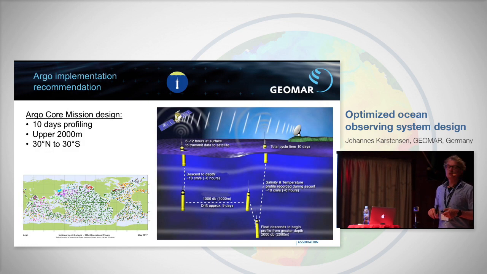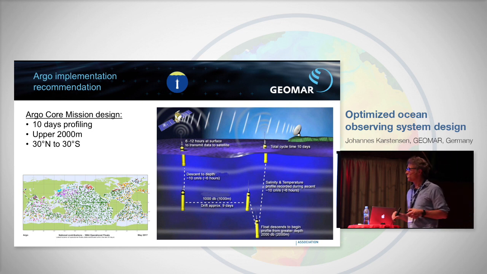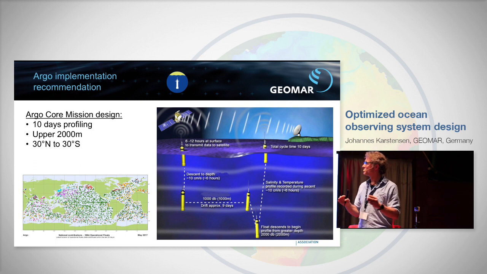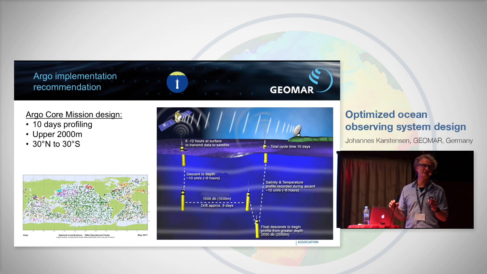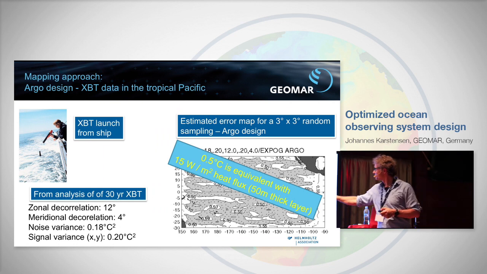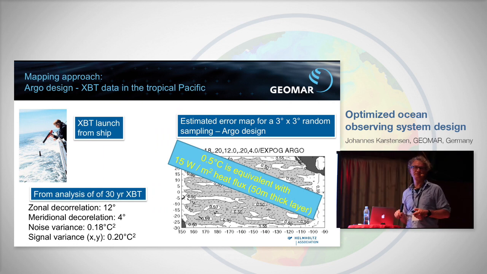The consequence of that was to ask for a system that profiles between 30 north and 30 south, in the upper 2,000 meters, to capture all the warm water sphere, with a 10-day profiling sequence in order to satisfy this idealized map you can see in the background.